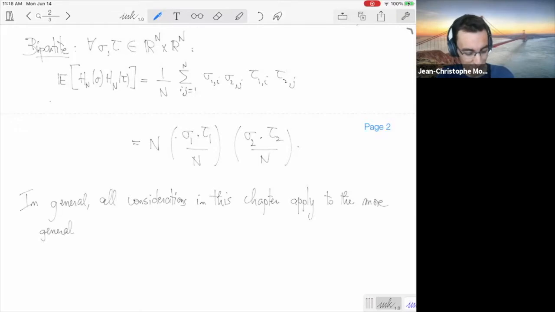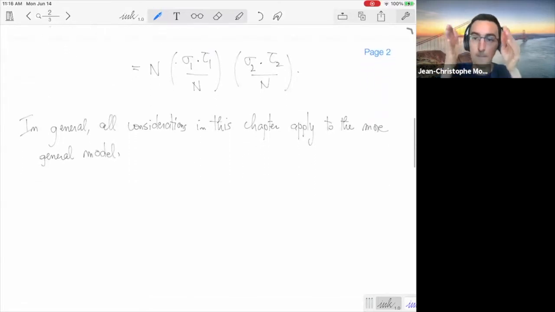The marginal model is that you can imagine that your configuration sigma is a vector of a finite number of types.